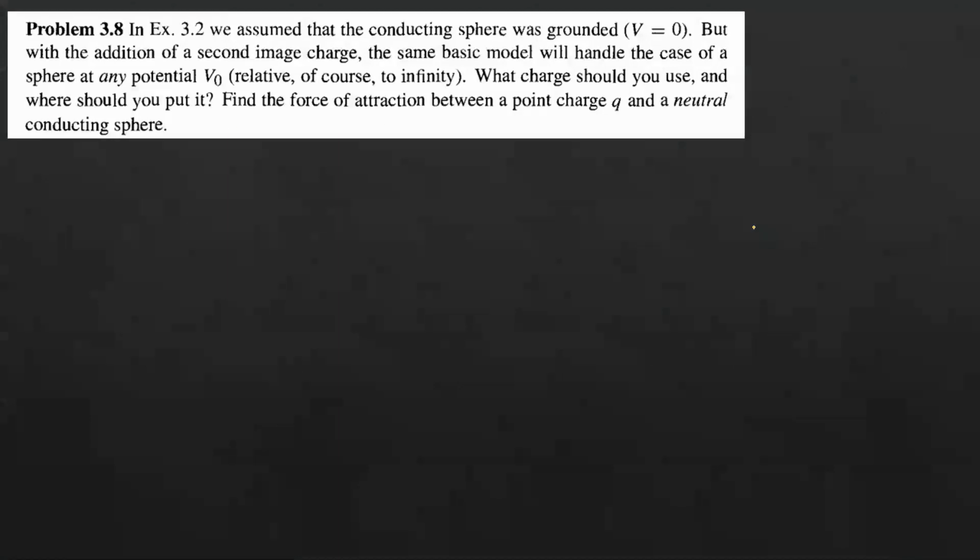So, for example, this is your sphere. Place a second image charge Q double dash at the center of the sphere. This will not alter the fact that the sphere is equipotential, right? But it will increase the potential from zero to something else, for example V naught.